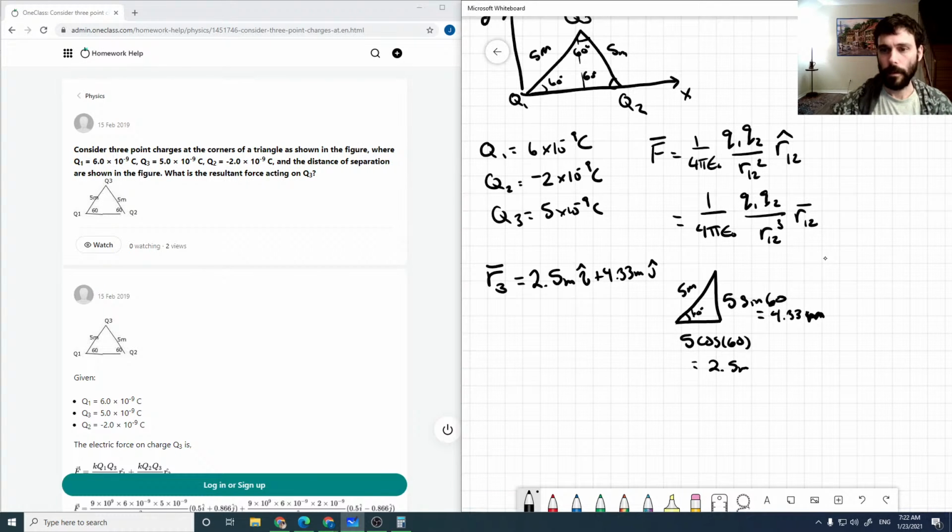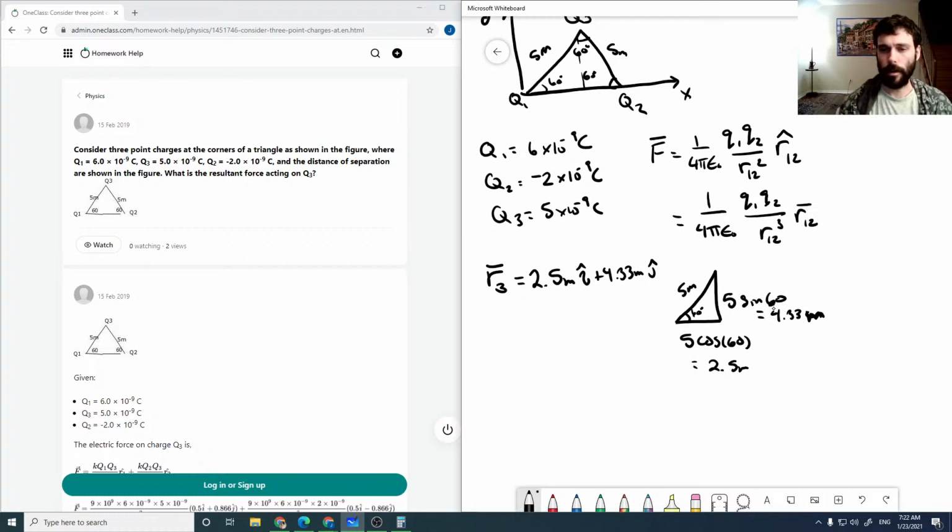Now, our total R3 is just 5 meters. And our R2 is pretty simple, so it's just going to be 5 meters in the i hat, and our R1 is the easiest one, it is just 0.